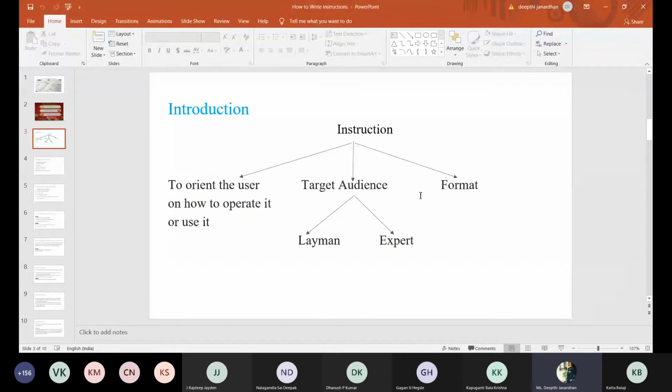So depending on the target audience, you will have to rephrase your instruction. And of course, instruction would fall into a format. Instruction cannot be written as a paragraph.